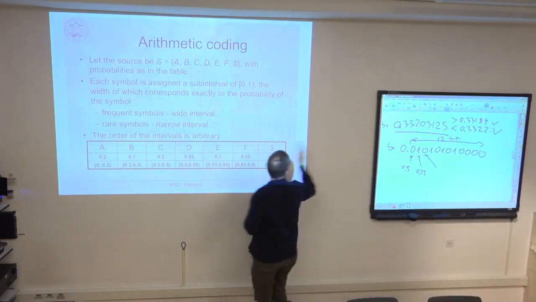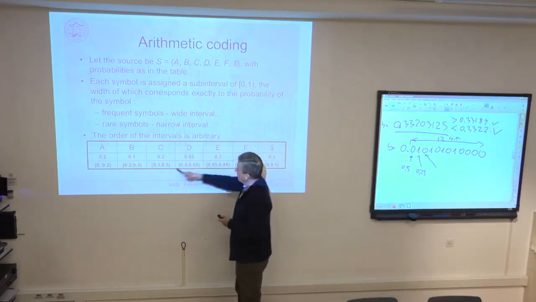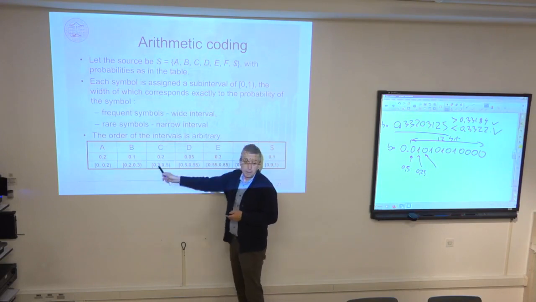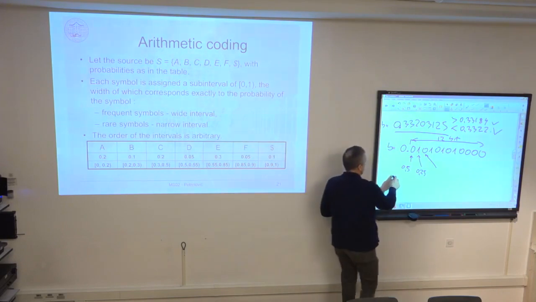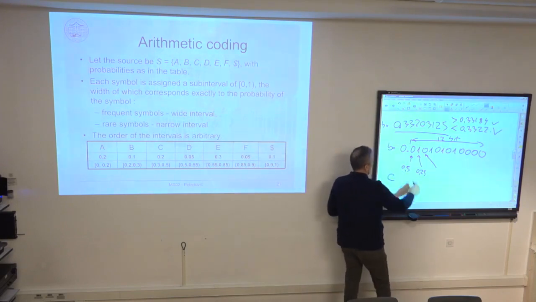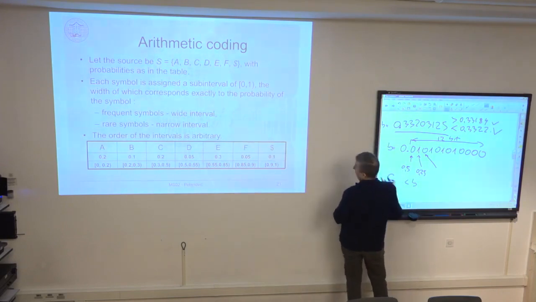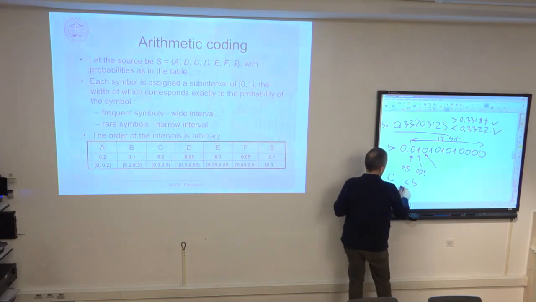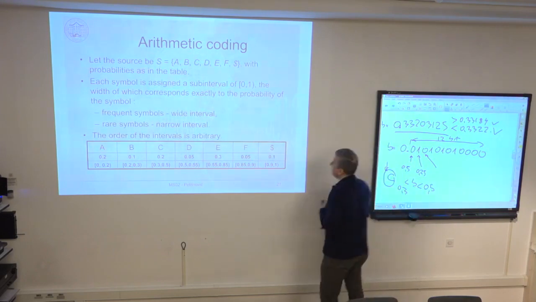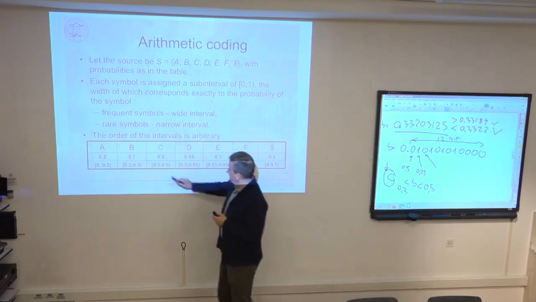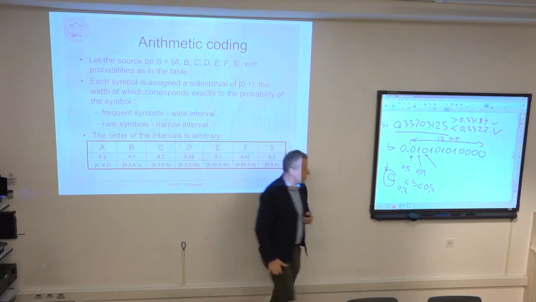This value, 0.332, is somewhere in this interval. So obviously the first letter is C. Why? Because B is larger than 0.3 and smaller than 0.5. So the first symbol is C. It is in this range.